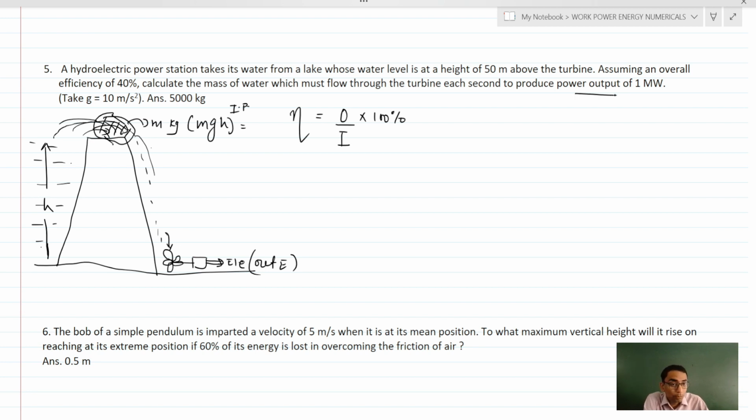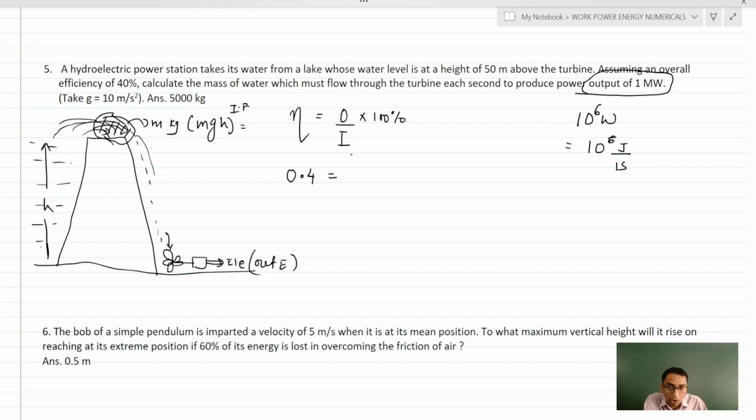This is output power, that means 10 raised to 6 watt or 1 megawatt is produced. That means 10 raised to 6 joules is produced in 1 second. So that is the output energy, right? And efficiency is 40%. So 40% is 0.4. If you are writing 0.4 over here, no need to write down 100%.